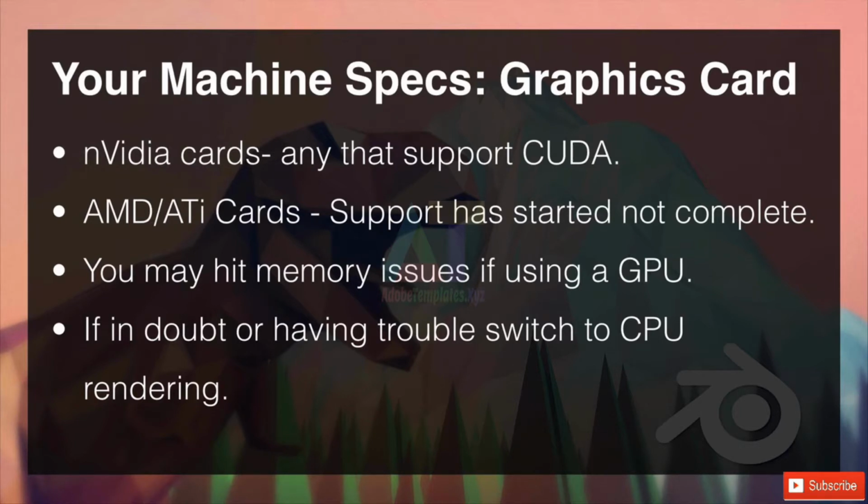And the simple reason for that is some cards just don't have as much RAM as your computer would. A lot of cards may have 1 or 2 gigabytes, and you may be sat with a computer that's only got 1 or 2, but it can switch over to the virtual memory. However, if it runs out of memory on your graphics card, it can't do anything, it's just run out of memory and will fail. If in doubt, or you are having trouble, remember you can switch to CPU rendering at any point.